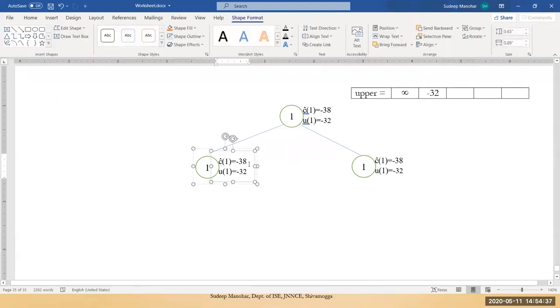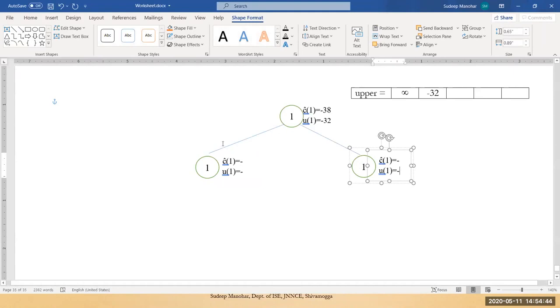Yes, now once again we are supposed to calculate c of x and u of x. Now how to calculate this? One more thing we are supposed to consider here.